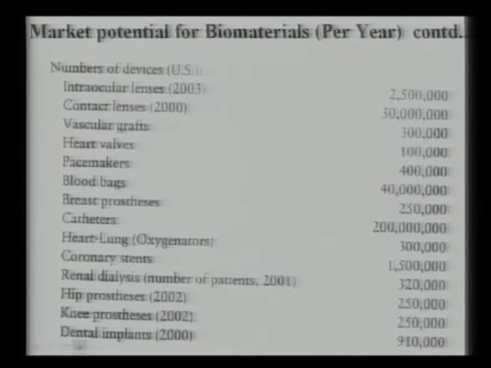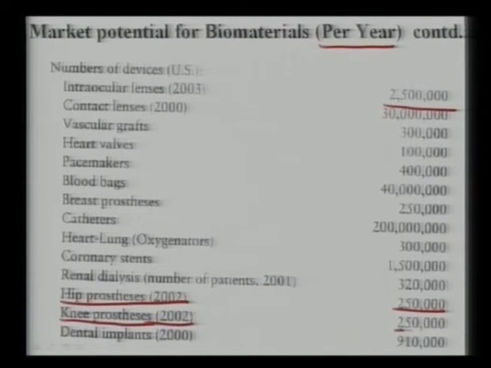Now this slide shows what the market potential for biomaterials per year is. The number of devices in the US for intraocular lenses is several thousands, and for knee prostheses and hip prostheses the numbers in 2002 were like 250,000 each, and dental implants are much more, 910,000 dental implants in 2000.